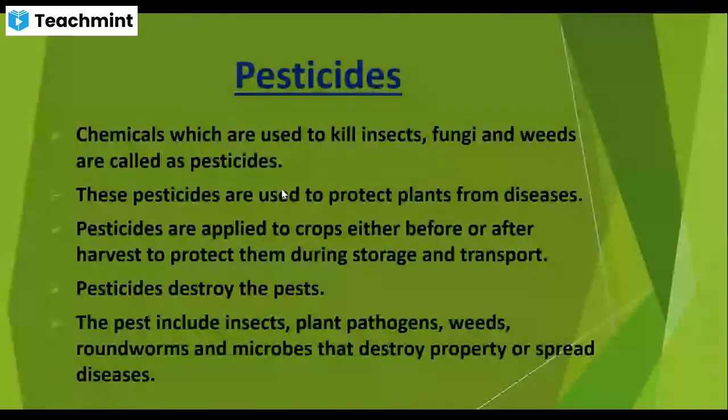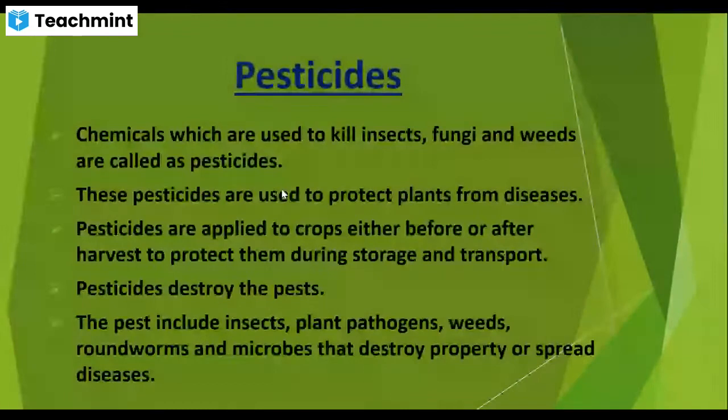if they attack its leaves or fruits. For that we can use special pesticides. Then weeds: suppose I have one farm, and in that farm I grow cotton plants. While that crop is growing in my farm, other plants are also growing with the cotton plant.